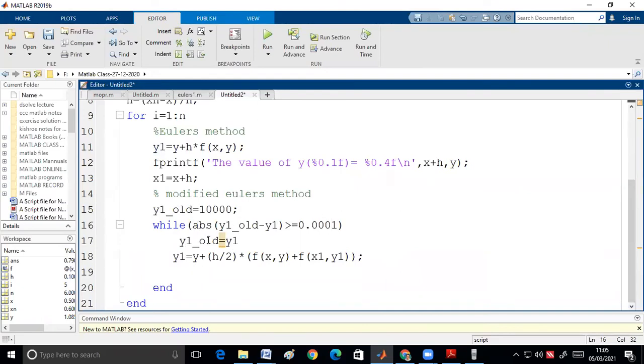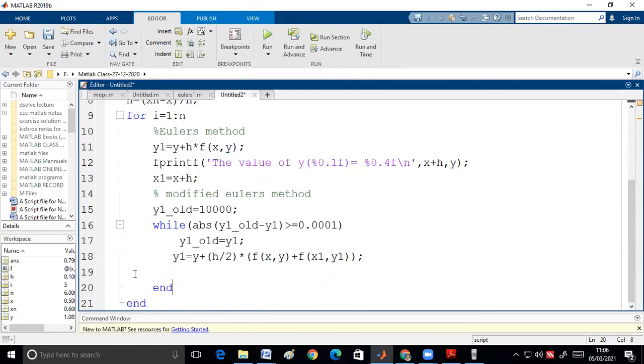Inside the while loop, y1 old equals y1, so the y1 value is stored in y1 old. Now we will find the new y1 value using the modified Euler method. x and h are the old values in the initial approximation, x1 is the modified value, and y1 is this value. If y1 is repeated, then stop the procedure.